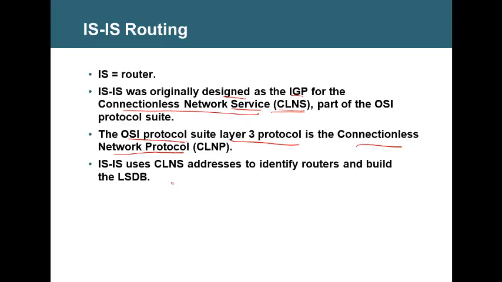ISIS uses a CLNS address to identify routers and build the LSDB. You see, in IP, if we take OSPF as an example, the router ID is the one which helps you build the LSDB, the link state database. ISIS uses a CLNS address.